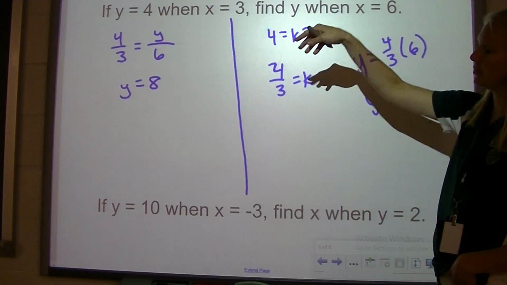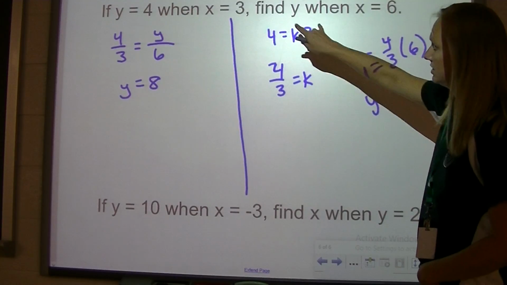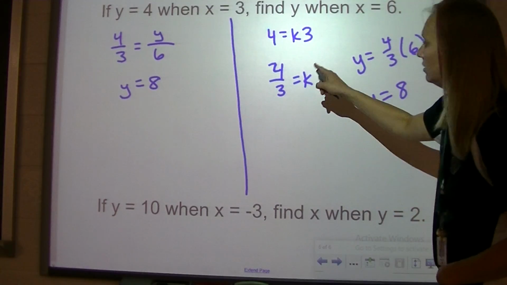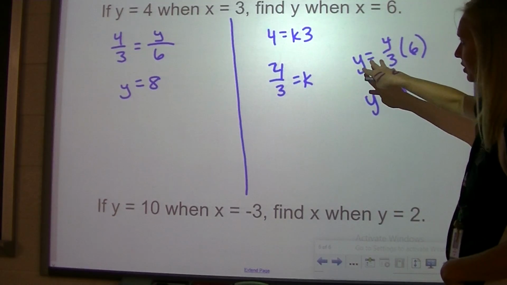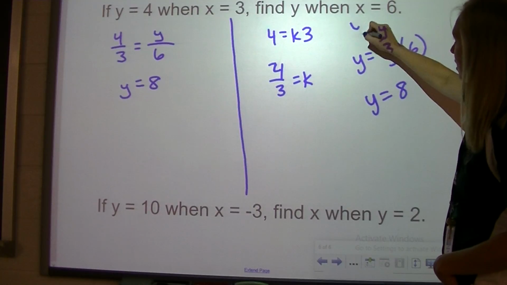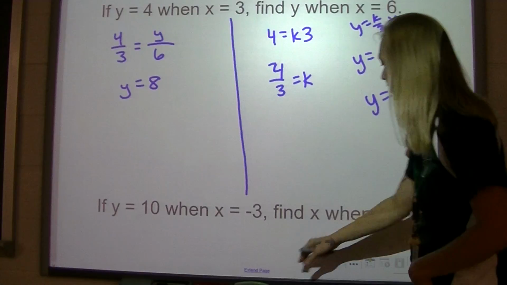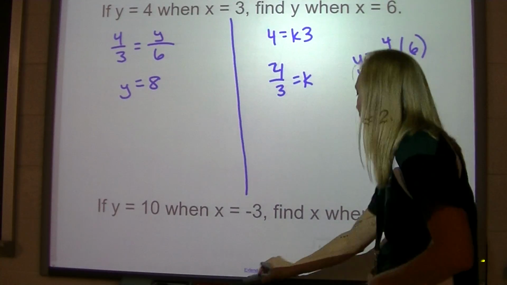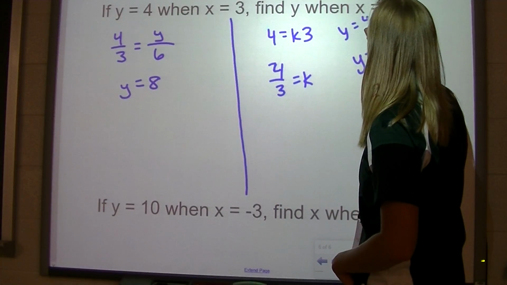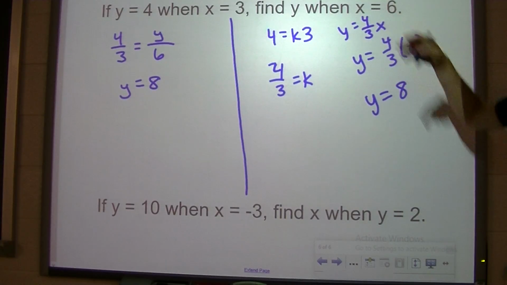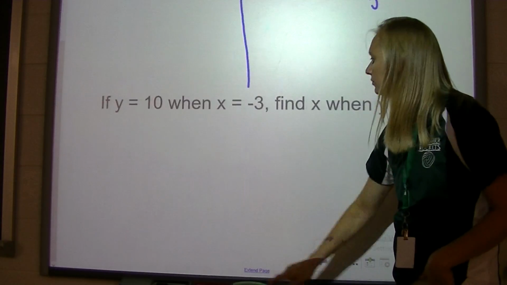So basically you can set up your proportion, or you can find your constant given this information, find your k, and then write your direct variation equation, y equals kx. Y equals 4/3 x, because that's my k, and then just plug in what we know and solve that way.